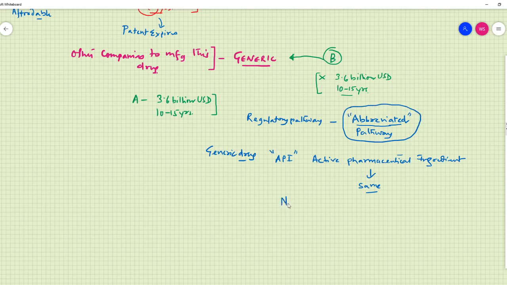You need not prove safety and efficacy. Okay. You can use the data for safety and efficacy from the innovator company.